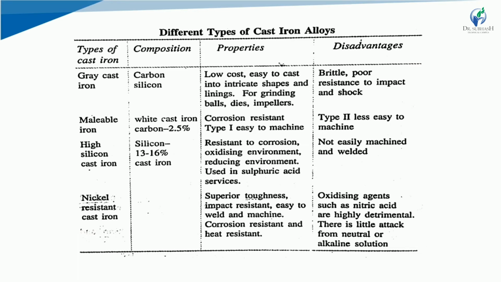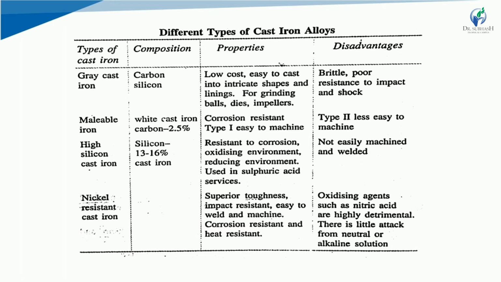Different types of cast iron: you can see grey cast iron. The composition is carbon and silicon. Properties: it is very low cost, easy to cast, you can mold it, and it can also be used as lining for grinding balls, dies, impellers. Disadvantage: it is brittle, with poor resistance to impact and shock.